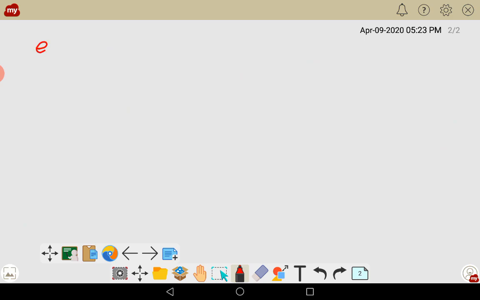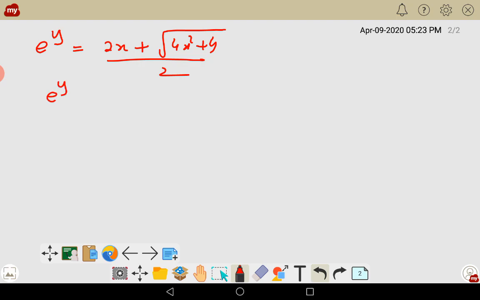What is it? e raised to y is (2x plus or minus square root of 4x square plus 4) over 2, isn't it? So 2 can be cancelled in the numerator: e raised to y will be x plus, 4 is out, and as 2 can be cancelled in the denominator, square root of x square plus 1.